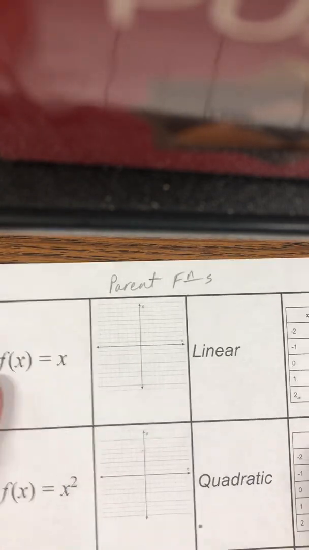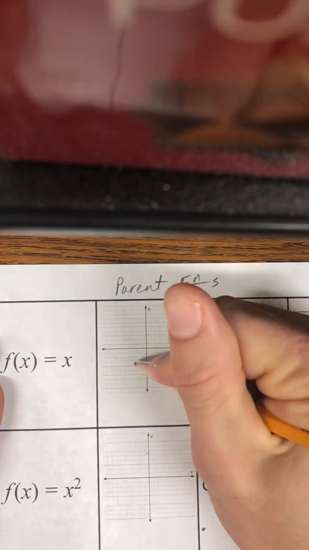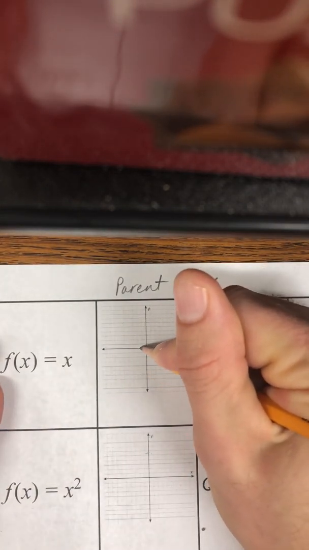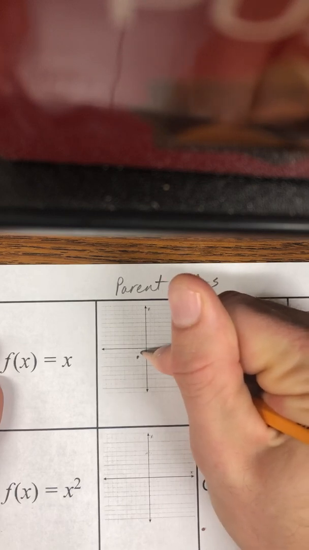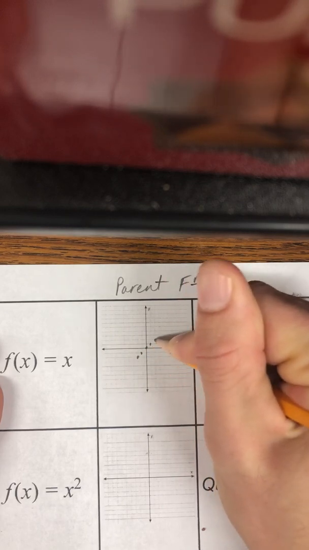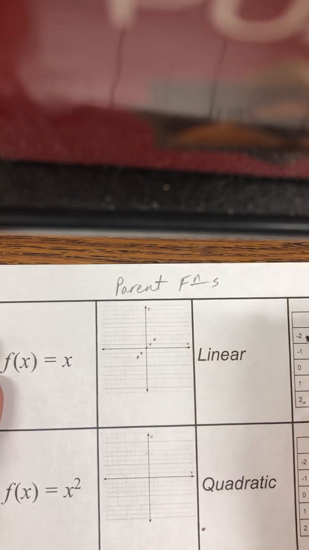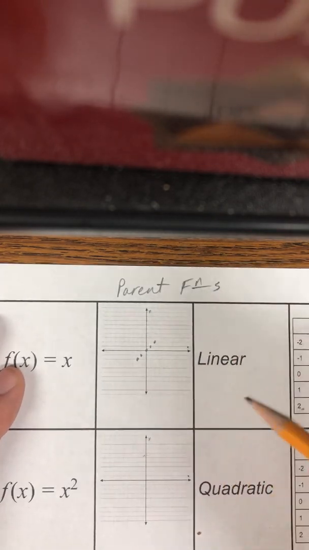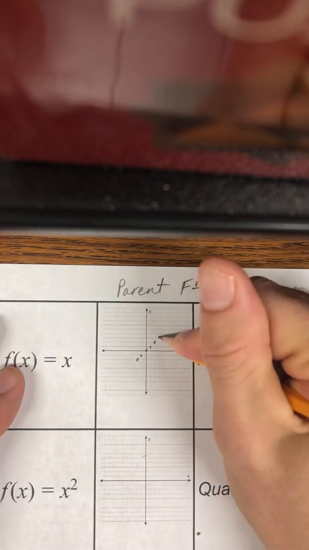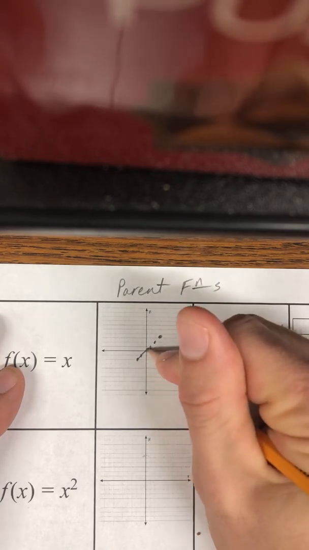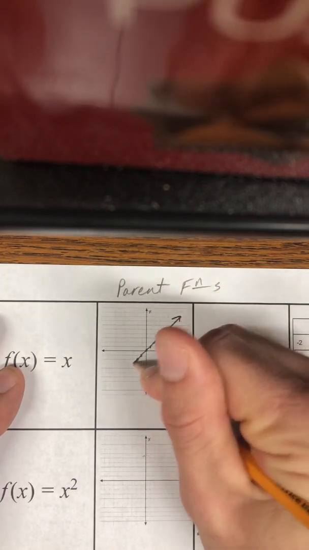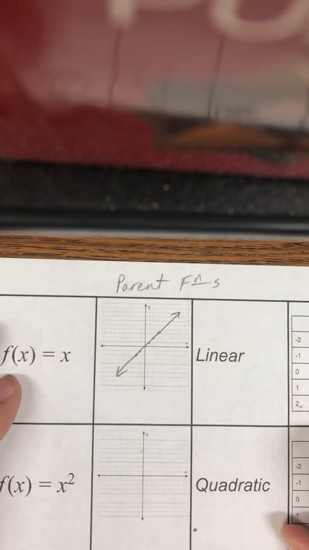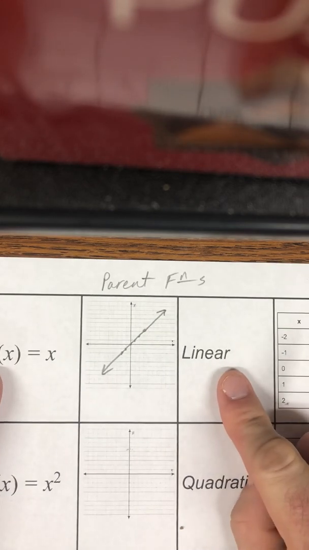And when you graph this, it looks like this. Maybe these are a little small, but you'll see that no matter what you do in this, it turns into a line. Okay? And that's why it's called linear.